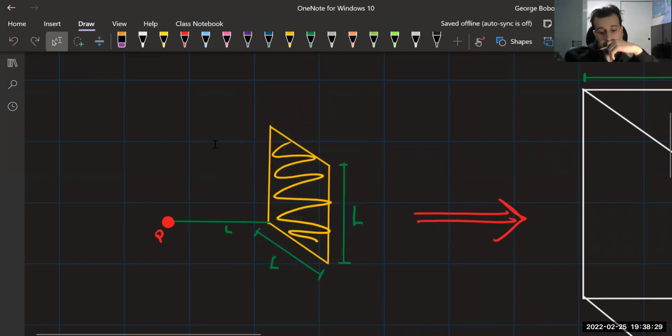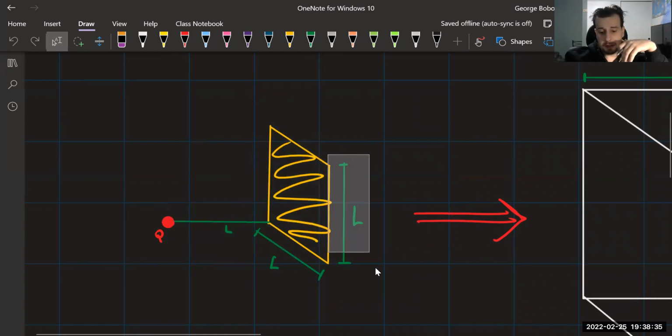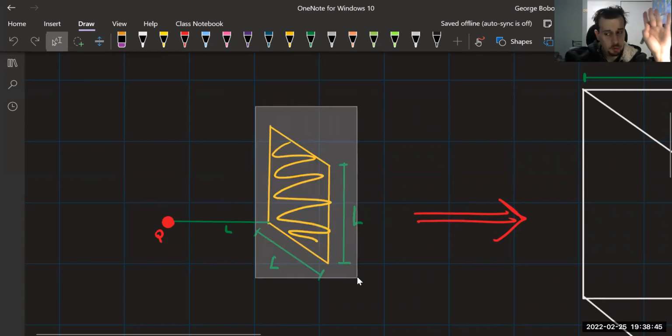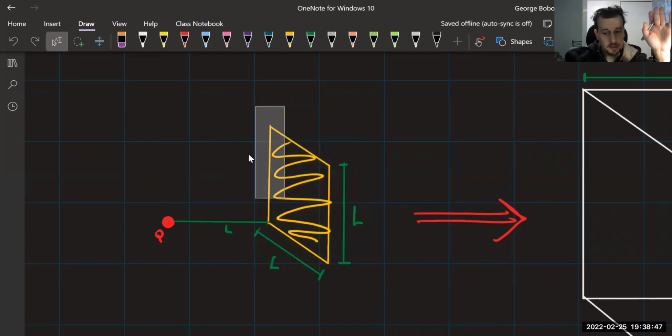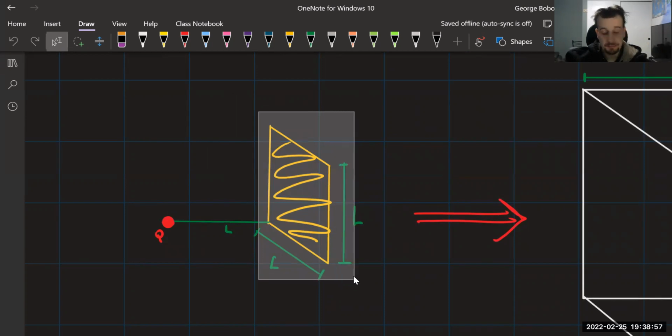So if I am L away from this plane, and the plane itself has dimensions L, then maybe I can construct a nice little box around my charge. We have 6 sides on the box that we're going to put the charge in, and each side of the box will have 4 of these planes.